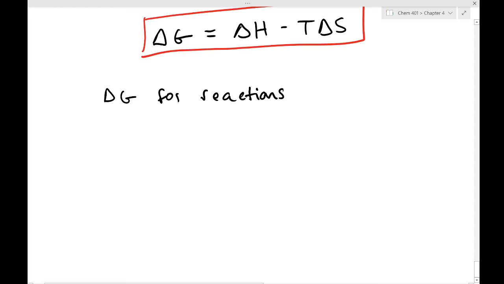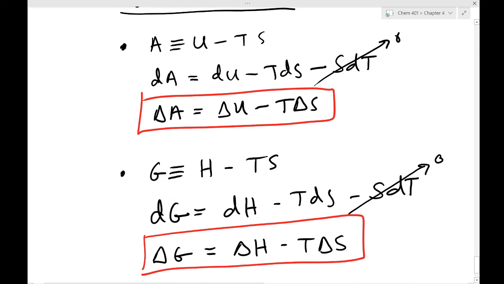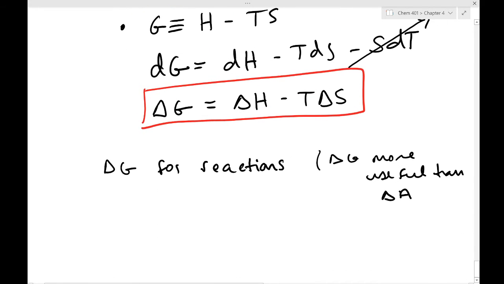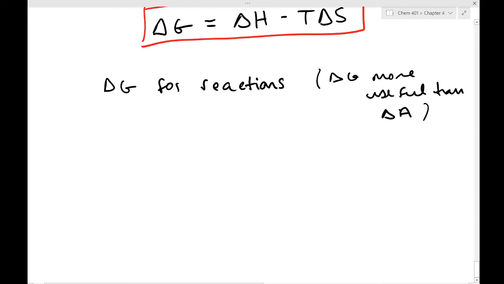It turns out that delta G is more useful than delta A, simply because delta A is a function of T and V, whereas delta G has natural variables of T and P. So in this case, when T and P are constant, delta G is much more useful.